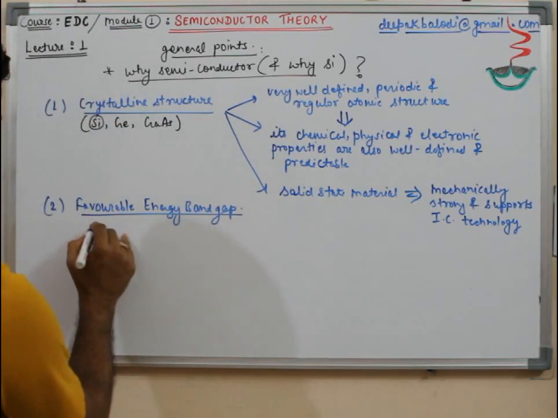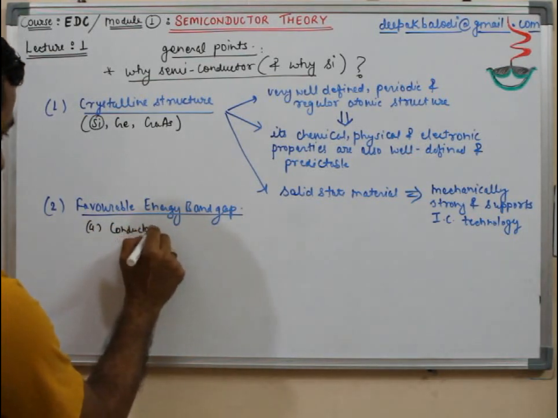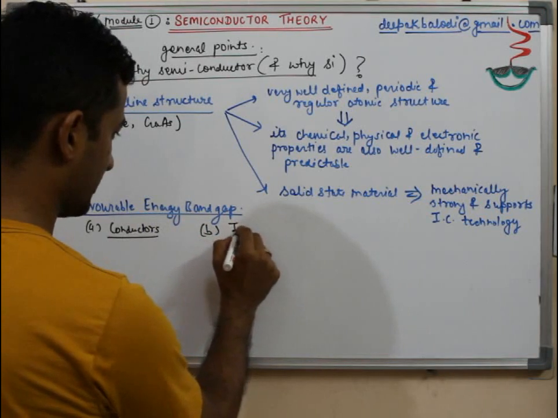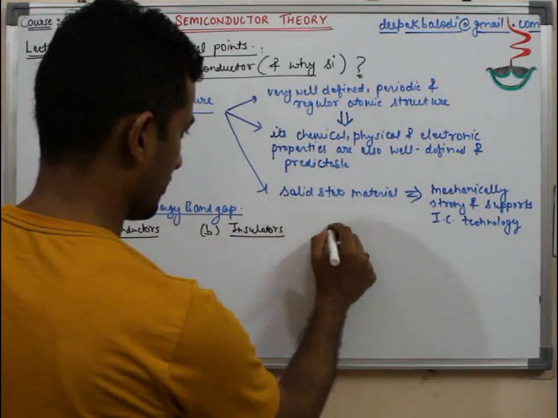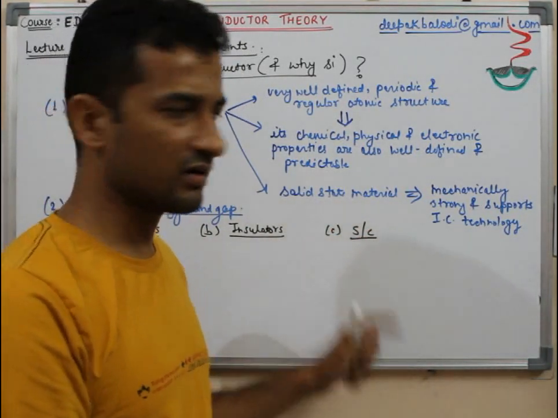It tells you that if we plot it for, let's say, conductors, then for insulators, and then for semiconductor, in short I am writing S by C, so that is semiconductor.